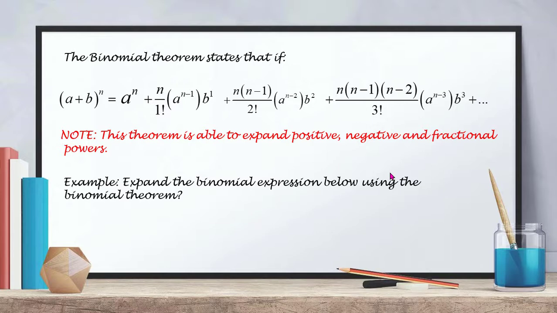Example: expand the binomial expression below using the binomial theorem. So here we've got (x + y) raised to a whole number. We can use the binomial theorem to expand this expression.